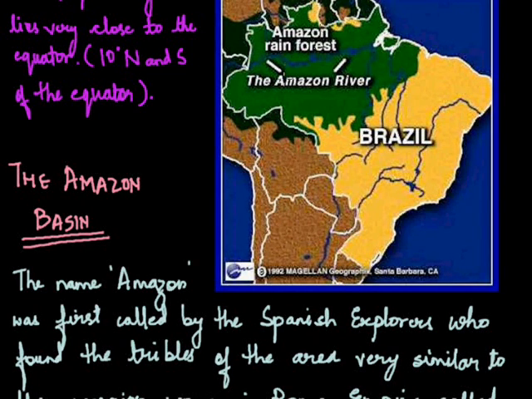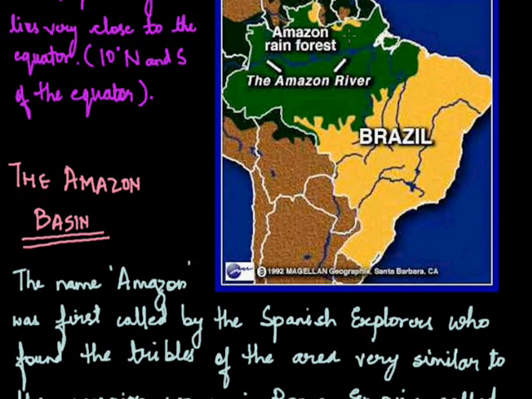The basin of the Amazon river extends to a very large part of the South American continent, and the equatorial climatic condition, the closeness with the ocean or the water bodies provides the best conditions for the emergence of rainforest in this area.